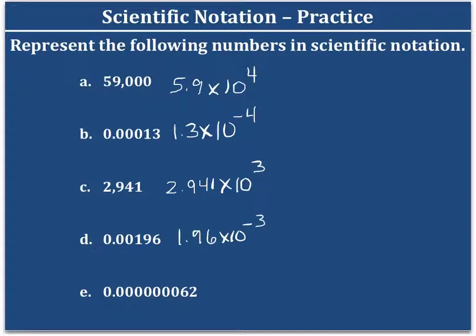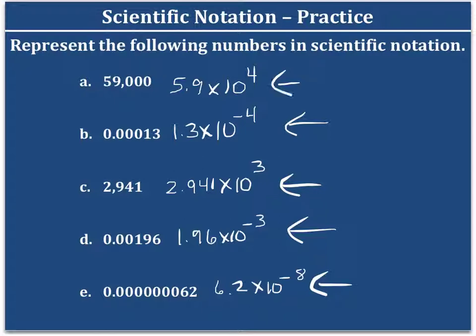Okay, and then our last one. 1, 2, 3, 4, 5, 6, 7, 8. So our number is 6.2 times 10 to the negative 8. So you'll notice whenever we have a negative exponent, that's telling us a number less than 1. Positive exponent is a number greater than 1.